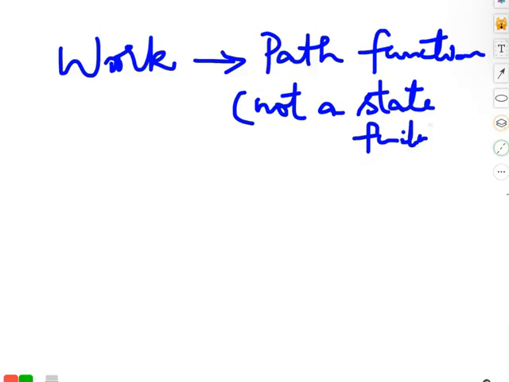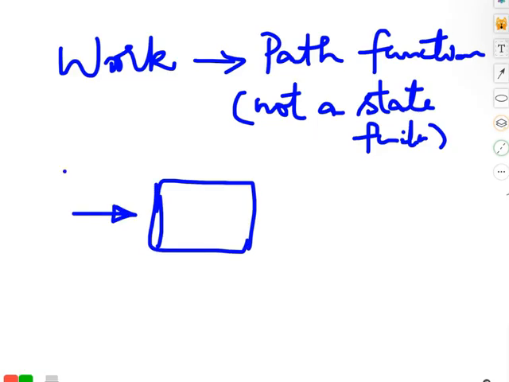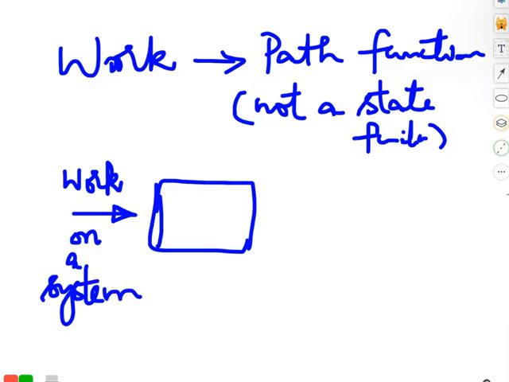What happens to the work done on a system? I have a system, and I do work on the system. What does it do to the energy of the system?